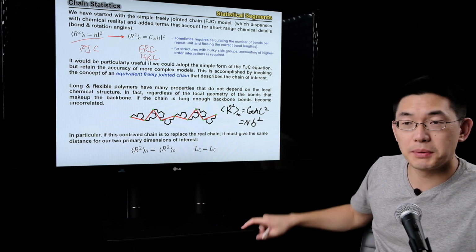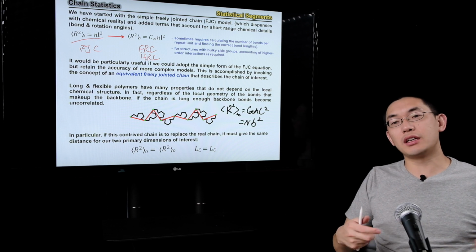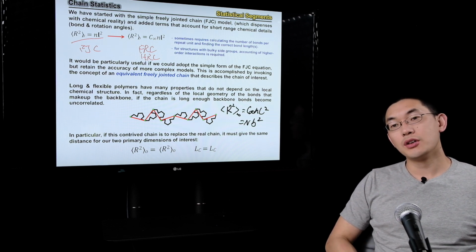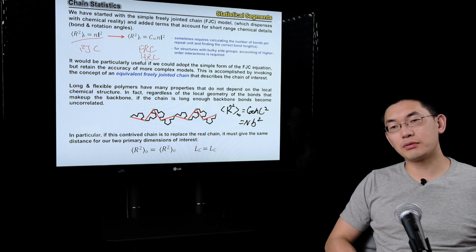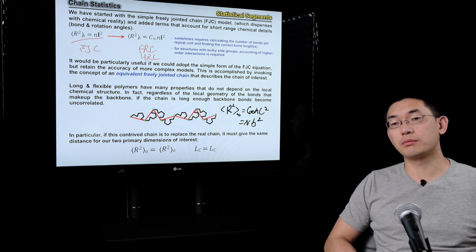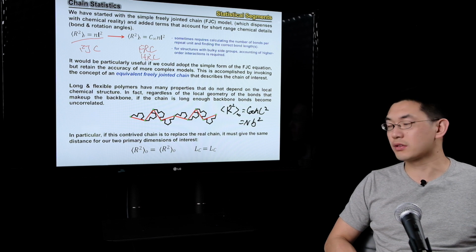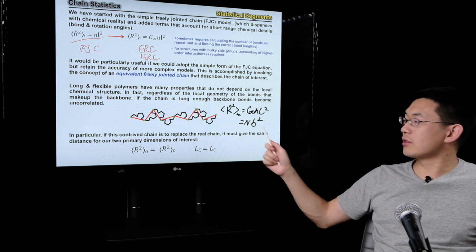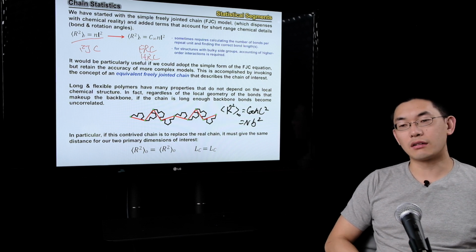Here, N means repeating units, how many repeating units along your polymer backbone. Using polyethylene as an example, repeating unit N would equal the degree of polymerization, and the number of bonds will be twice the degree of polymerization. So be mindful of the difference. You know the R, you know the N, so you can calculate what the b is.